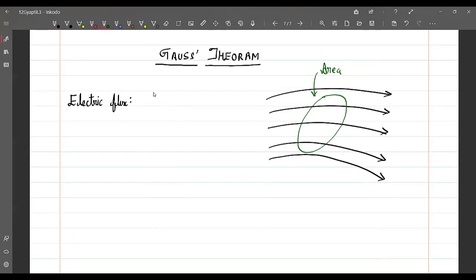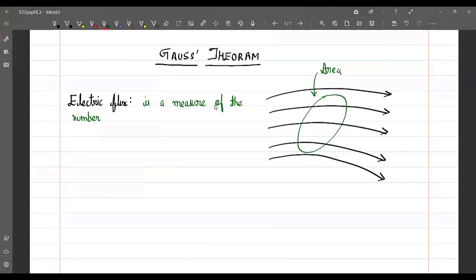To define it, I will write: electric flux is a measure of the number of lines of force. I have told you the greater the number of lines of force, the stronger is the electric field.